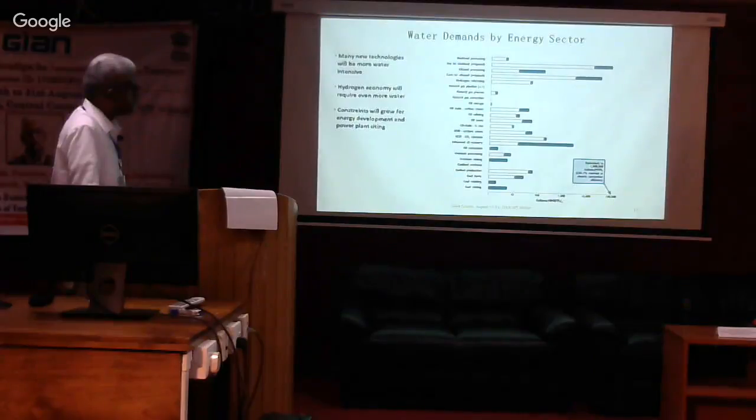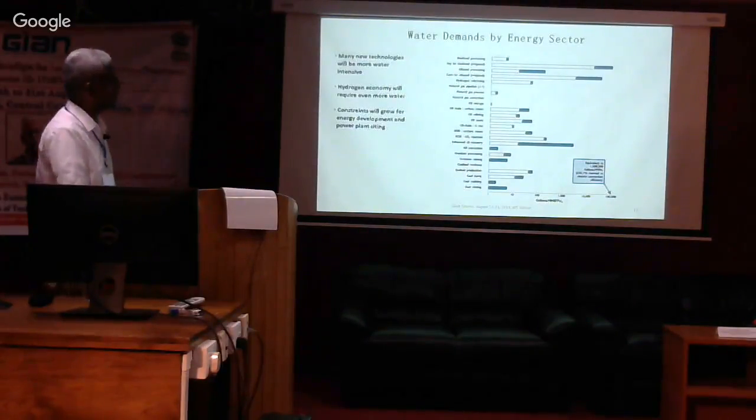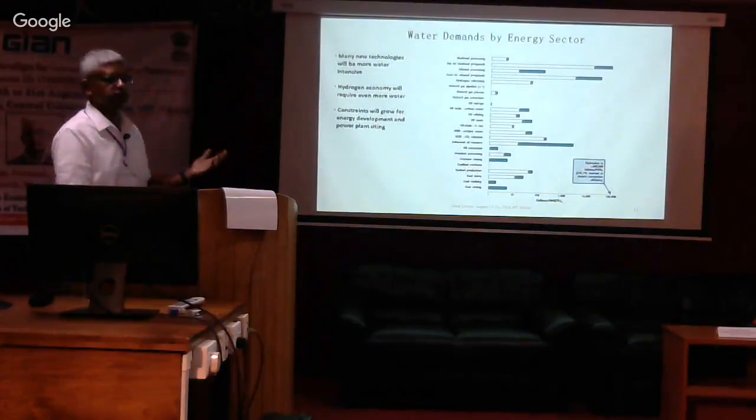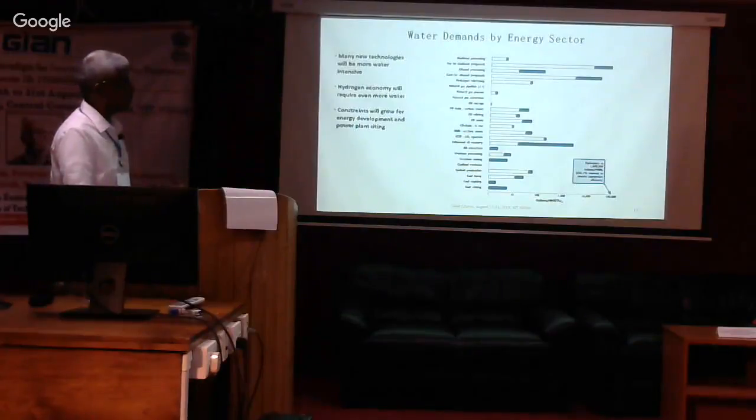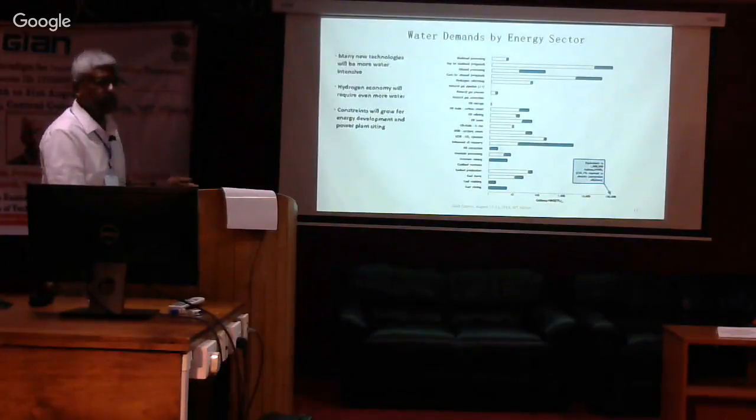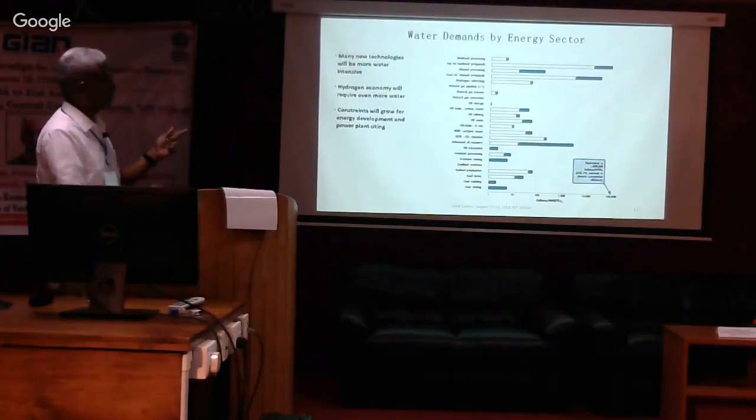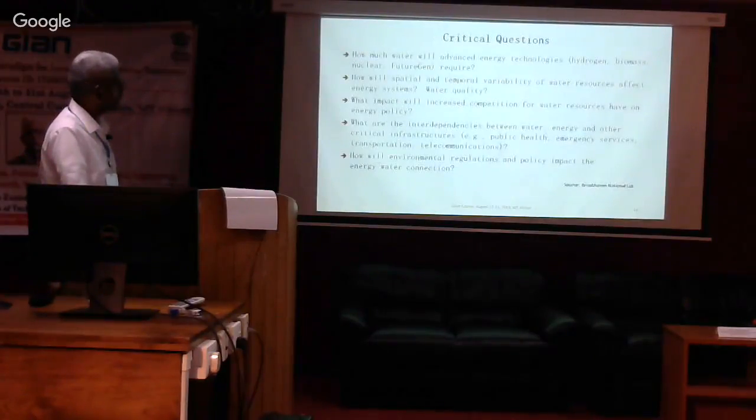But the point I'm trying to make is when we look at this water energy nexus, we have to keep all these things in mind. Where is our energy coming from? Where does the water for that energy come from? And then the other part of it is when we are treating water, how much energy do we use? So how much water will advanced technologies require?